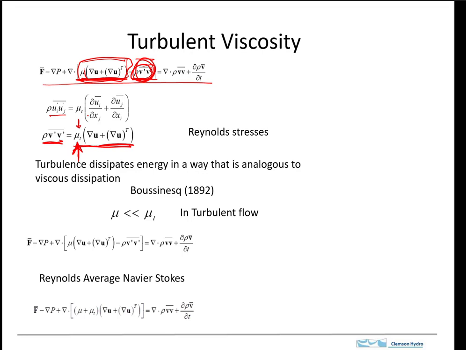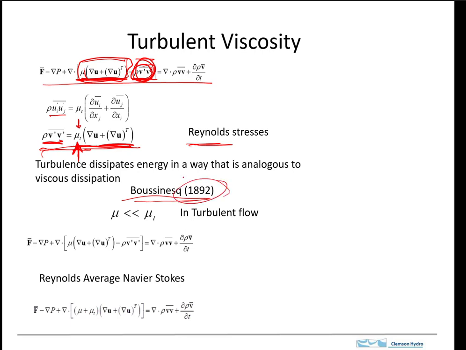This is really a key concept for how we're going to analyze turbulence. This approach was recognized a long time ago by Osborne Reynolds, a famous person working in fluid mechanics, and it is credited to Boussinesq, also quite a while ago.